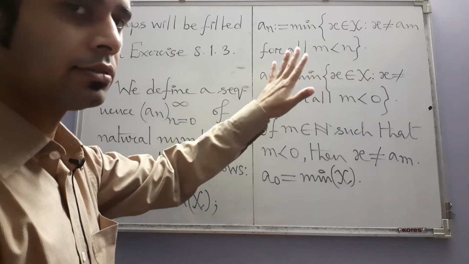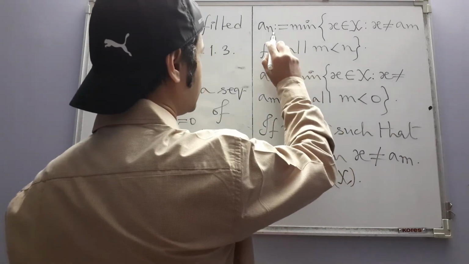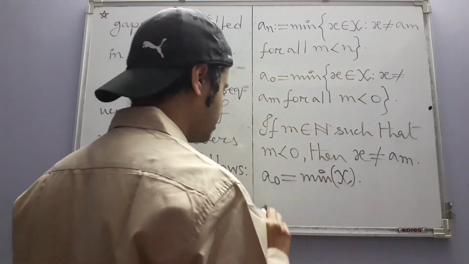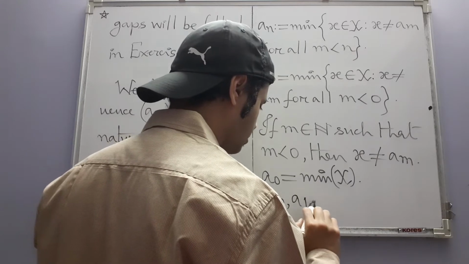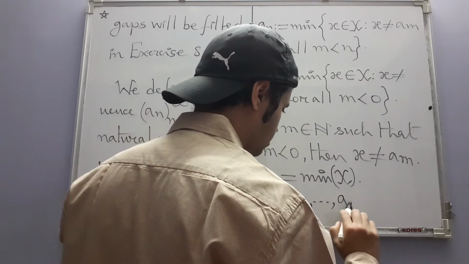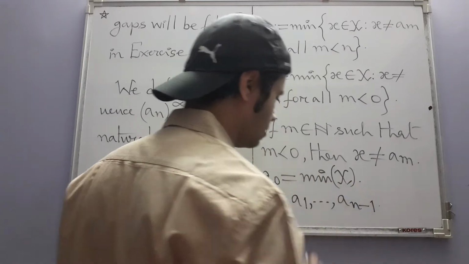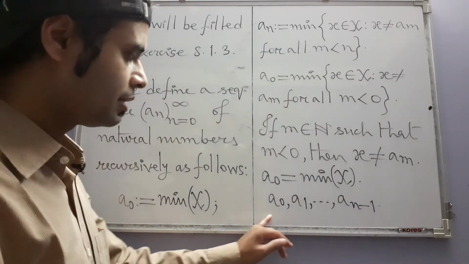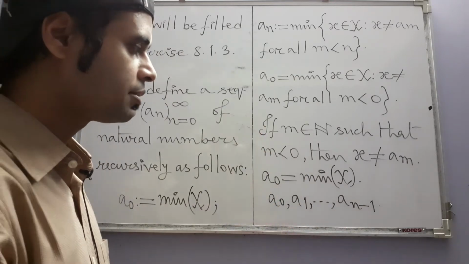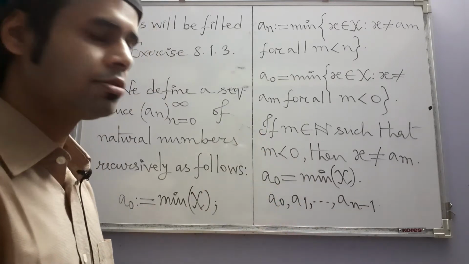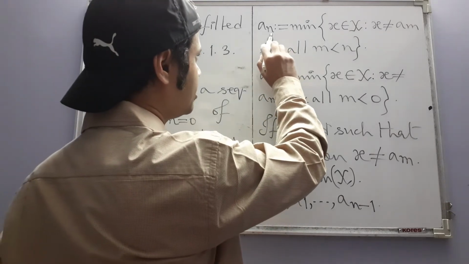It looks like a recursive definition. Why? Because you see that, say you have in fact defined a naught, a1, all these things up to say an minus 1. All these terms you have in fact defined using this definition. Now next you are going to define an. And what is the definition of an?